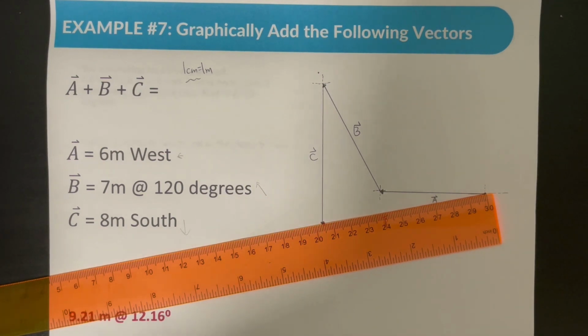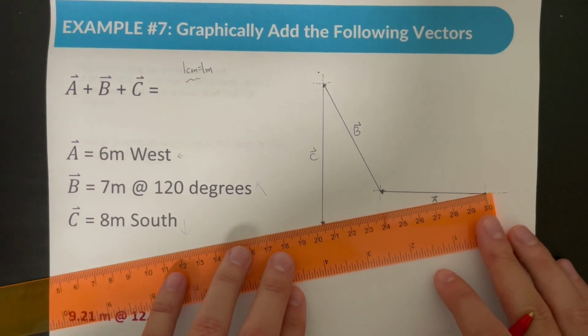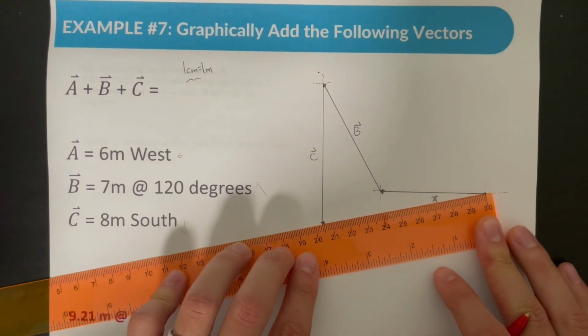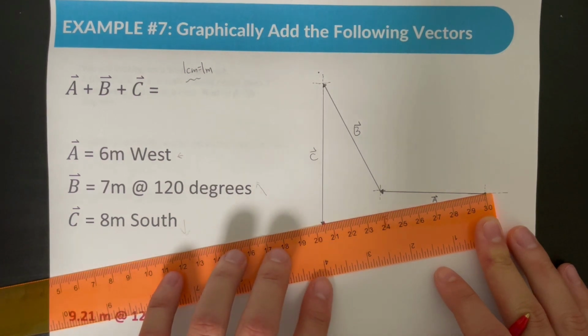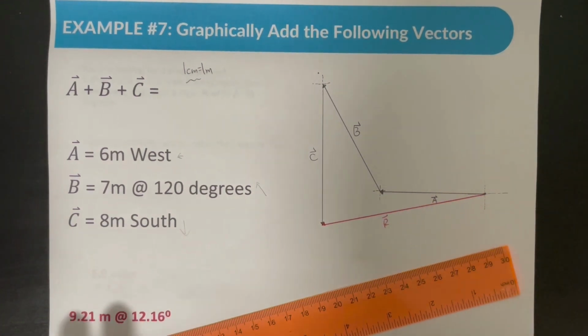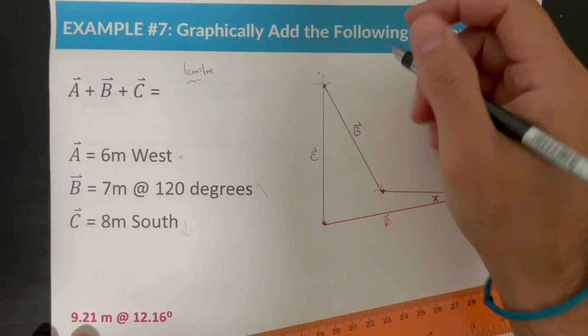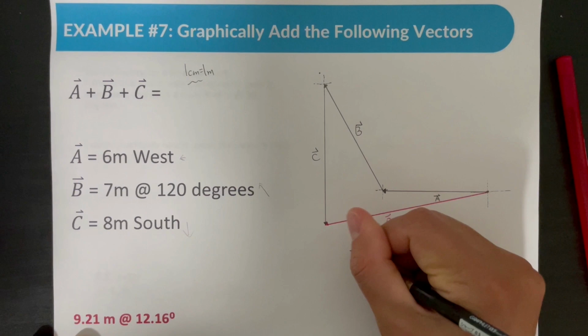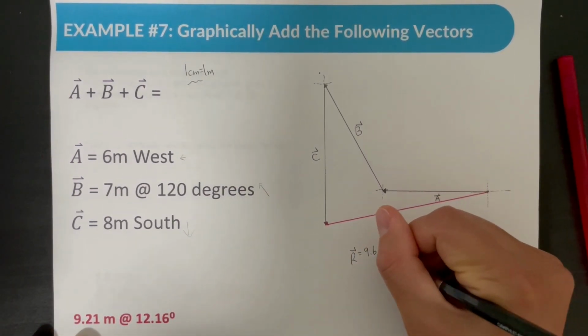That's 9.7. Is that right? 30 to 20.4. All right, 20.4, so that's going to be 9.6. It's a bit off for one reason or another, but it's pretty close still. Resultant vector equals 9.6 centimeters.